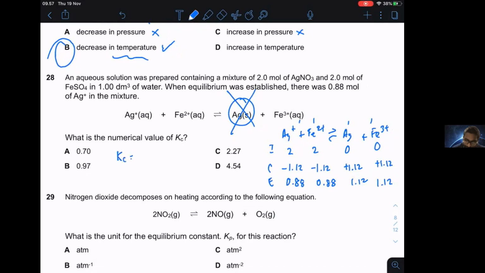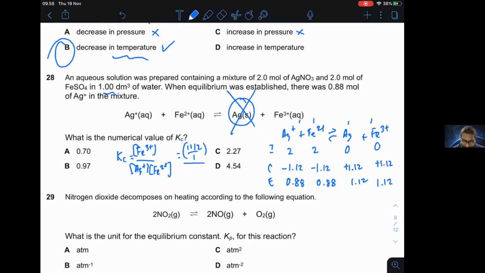Kc equals the concentration of Fe3 plus divided by the concentration of Ag plus times the concentration of Fe2 plus. If I put in all the values, Fe3 plus is 1.12 divided by 1, since it is 1 dm cube.